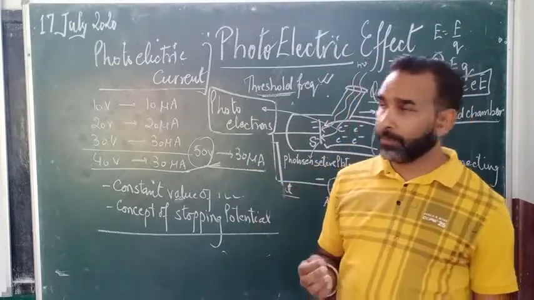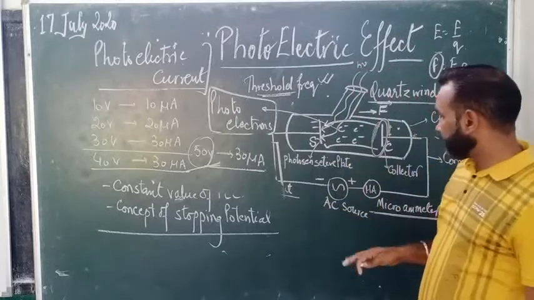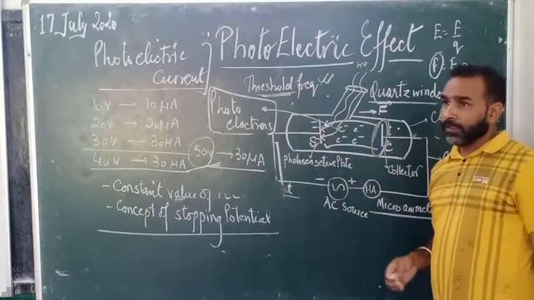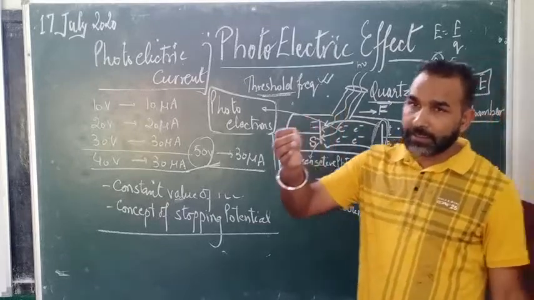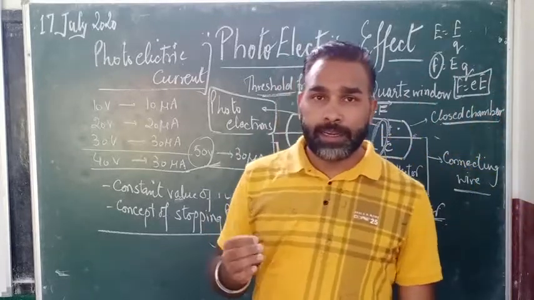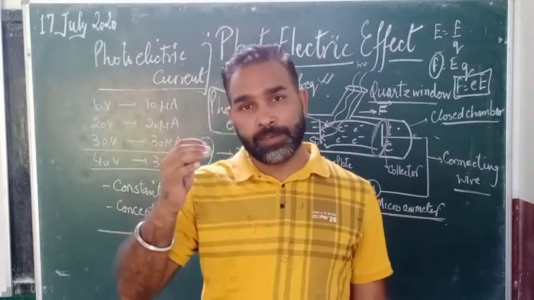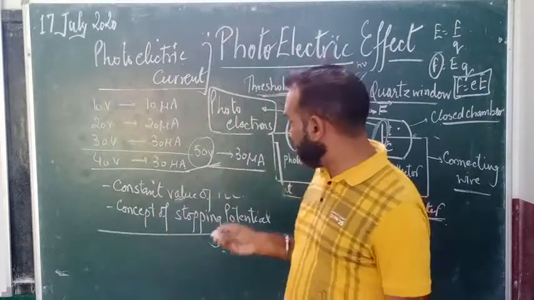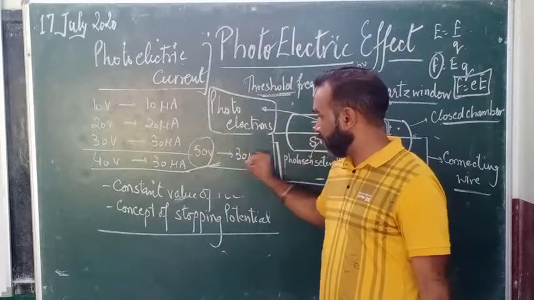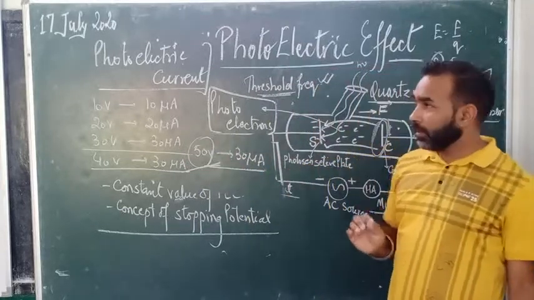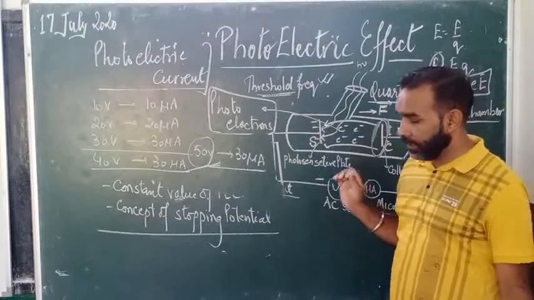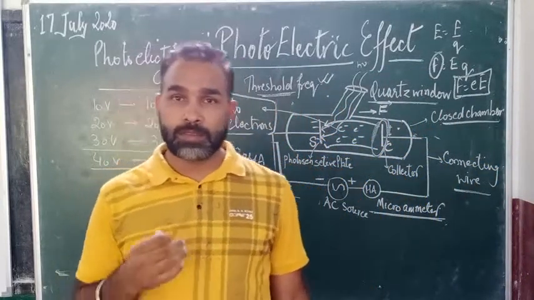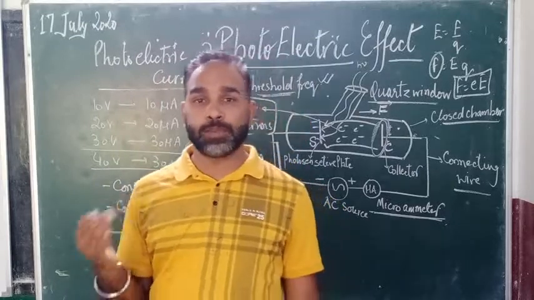So as we increase the positive potential, initially there will be an increase in the photoelectric current, but after a certain voltage or potential, the photoelectric current becomes constant. You can see. Okay, so this was the first thing. He observed that the photoelectric current becomes constant after a fixed value of potential.